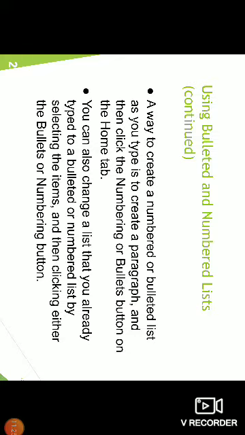A way to create a numbered or bulleted list as you type is to create a paragraph and then click the numbering or bullets button on the Home tab. You can also change a list that you already typed to a bulleted or numbered list by selecting the items and then clicking either the bullets or numbering button.